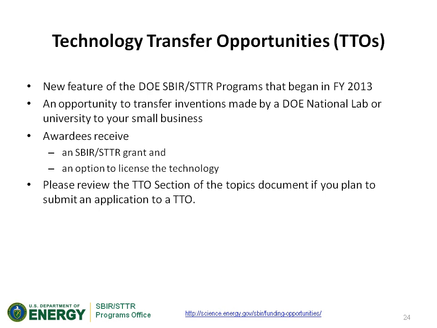A new feature we implemented last year are technology transfer opportunities. Most of our topics are really defining the kind of key innovations that we're looking for, and we're looking for your new ideas on how to overcome those barriers. With tech transfer opportunities, it's a little different.